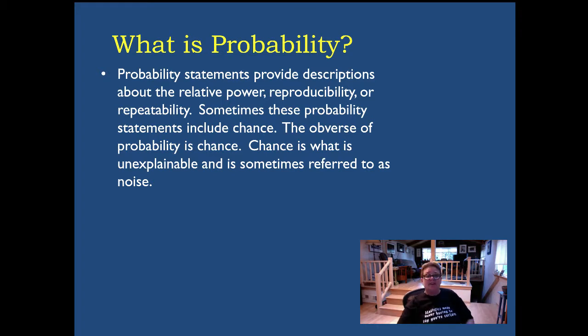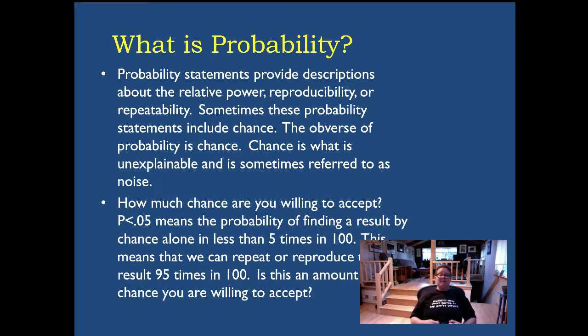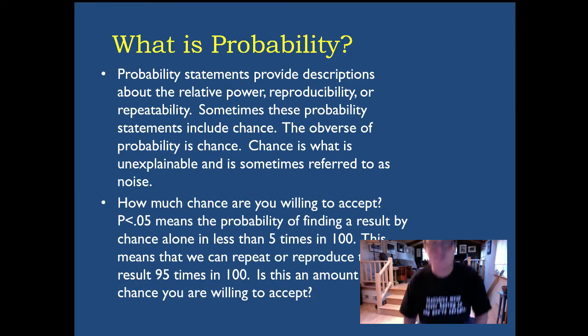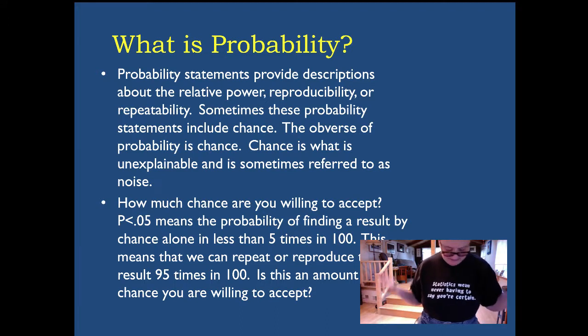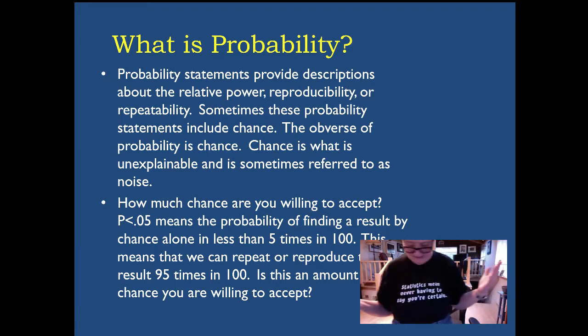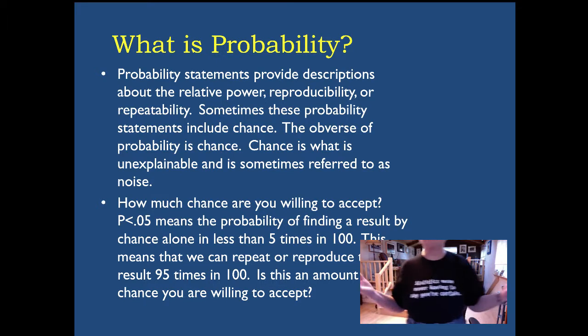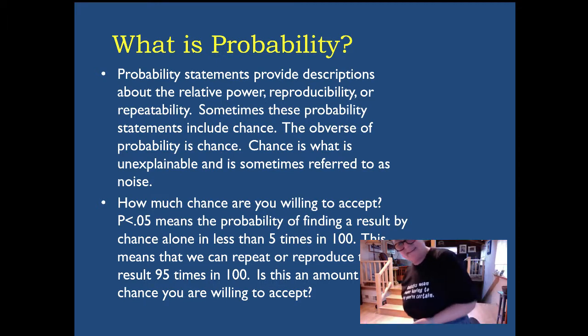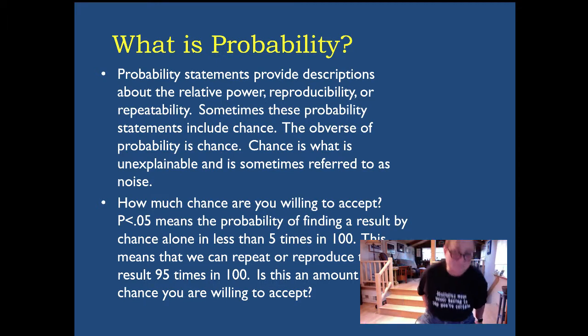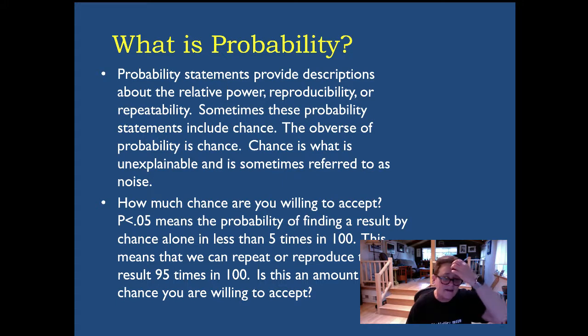So I want you to take a look at my t-shirt here. How much chance are you willing to accept? Statistics means never having to say you are certain. Well, in statistics, P is less than 0.05. I'm sure that you all recognize that little symbol there.